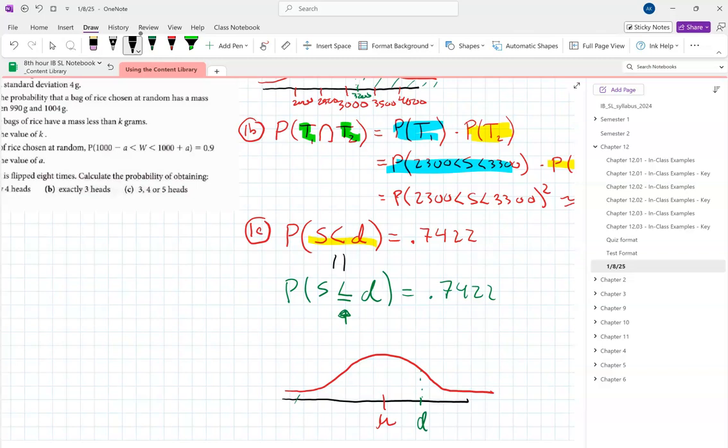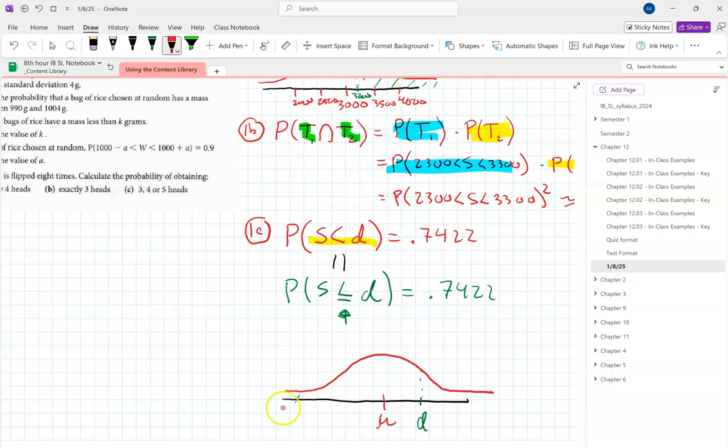Okay? The good news is you don't ever do inverse normals on your binomials, so it's not as big of a deal. But I want to be clear, some of you will take a real statistics course in college. I just want to make sure that we're not reinforcing wrong ideas. Okay.